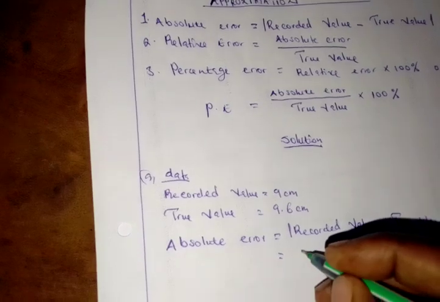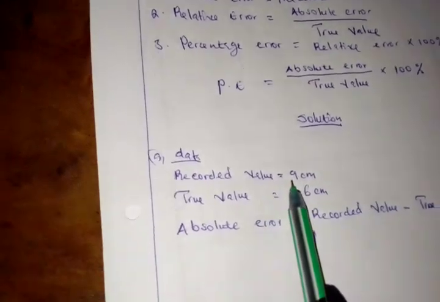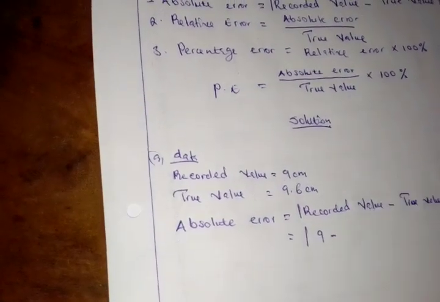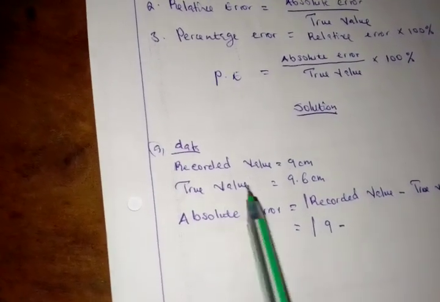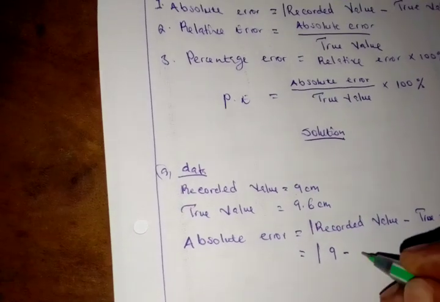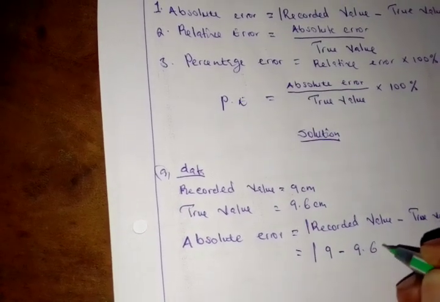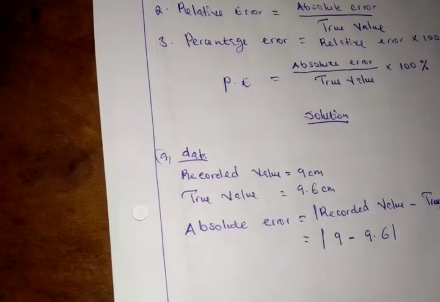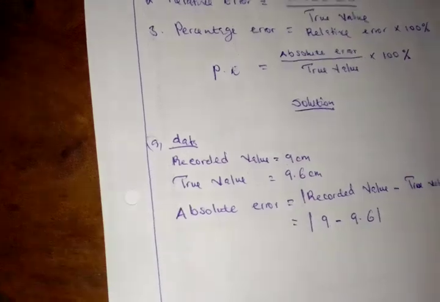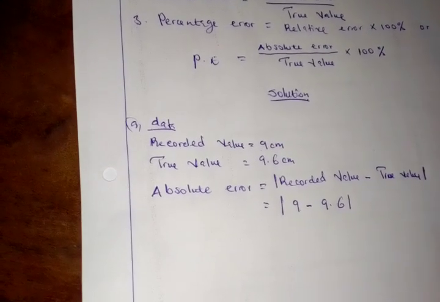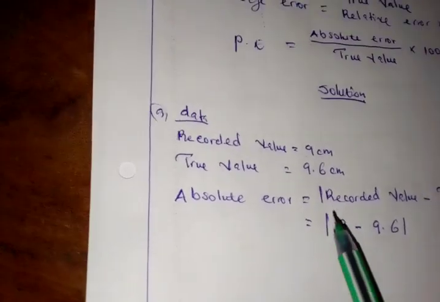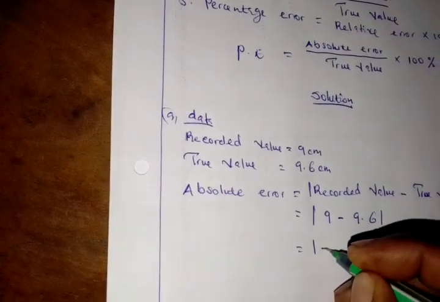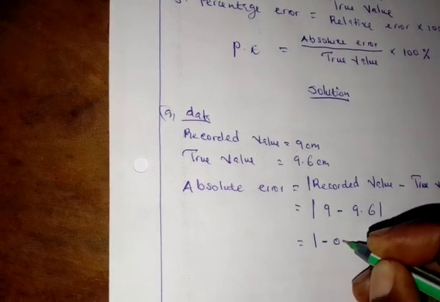The recorded value according to our data is 9. So 9 minus the true value, 9.6. We can put the modulus at the end here. If you subtract this and this, the answer is going to give us negative 0.6.